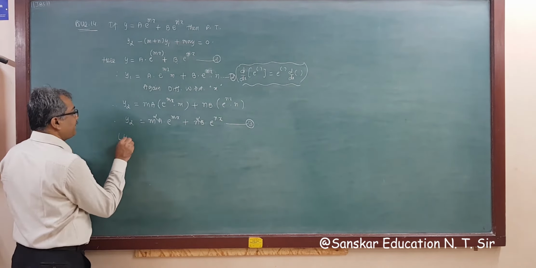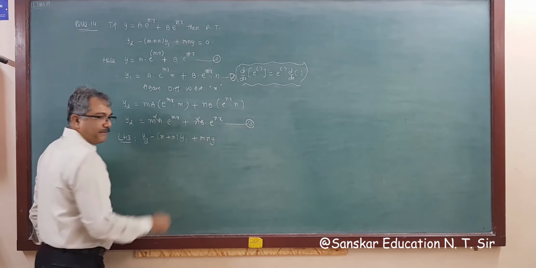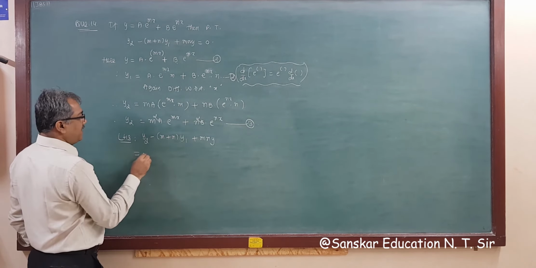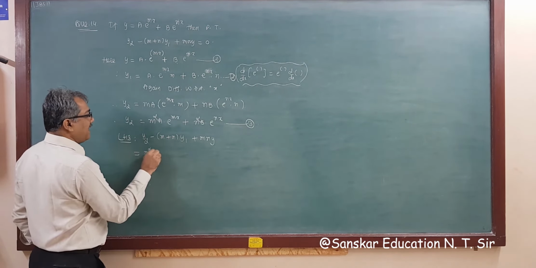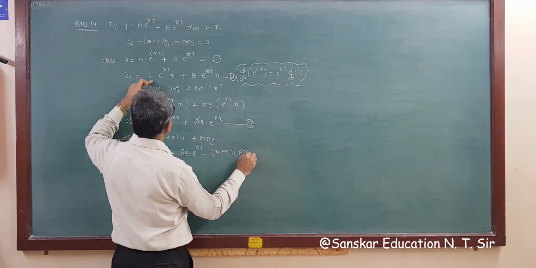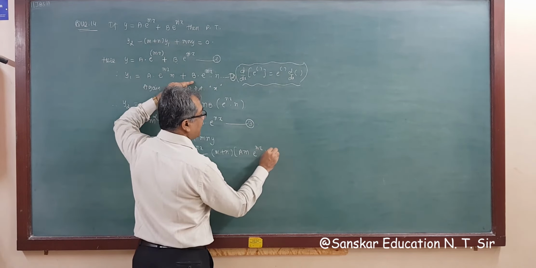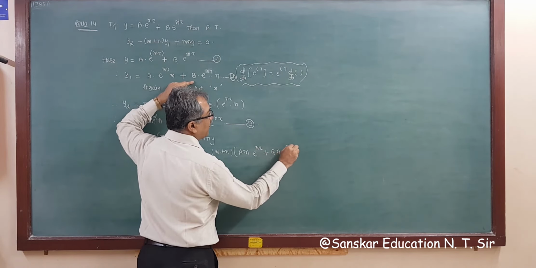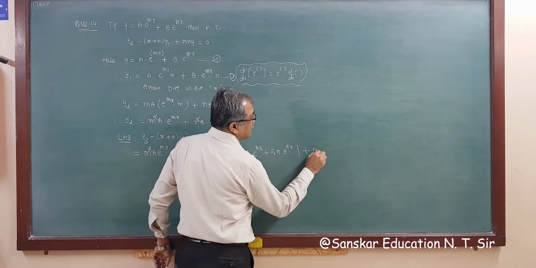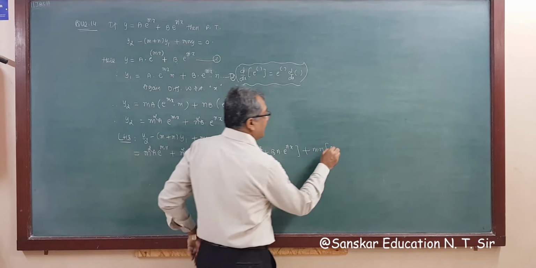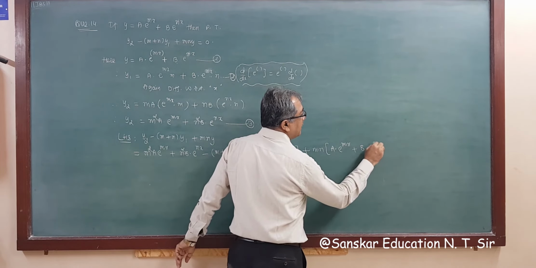So the left hand side is y2 minus (m plus n) y1 plus mny. y2 is result number 3: m square a e^(mx) plus n square b e^(nx), minus (m plus n) times y1, which is result number 2, that is a m e^(mx) plus b n e^(nx), plus mn times y, that is result number 1, a e^(mx) plus b e^(nx).